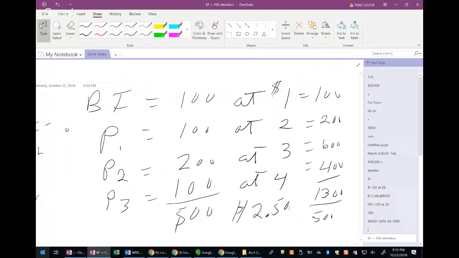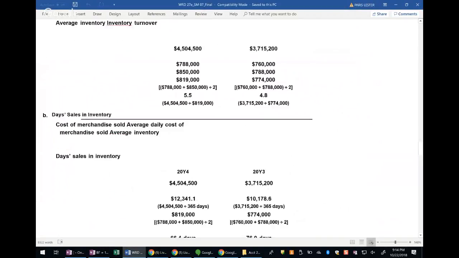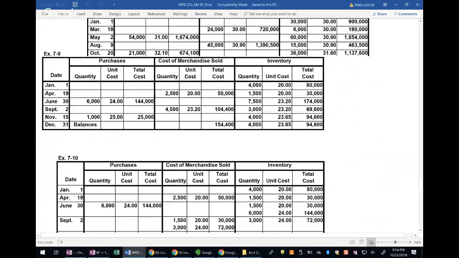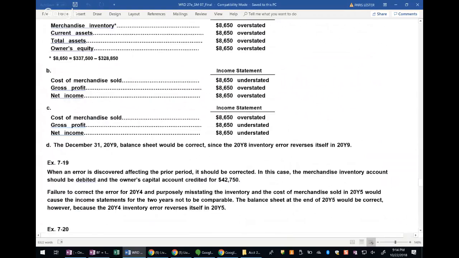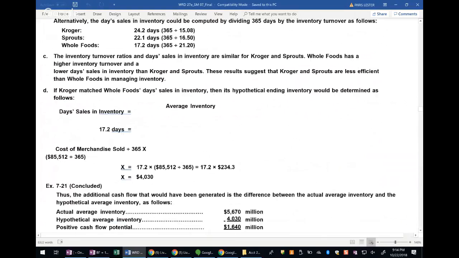So let me bring these solutions back up. Ending inventory is about at 160. We don't have to worry about multiplying it out. On a test, you'll have to multiply it out. These would make good multiple choice questions.